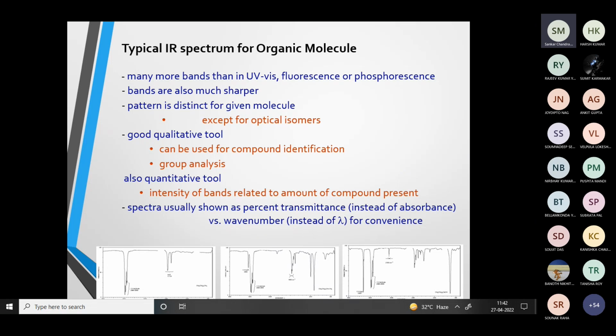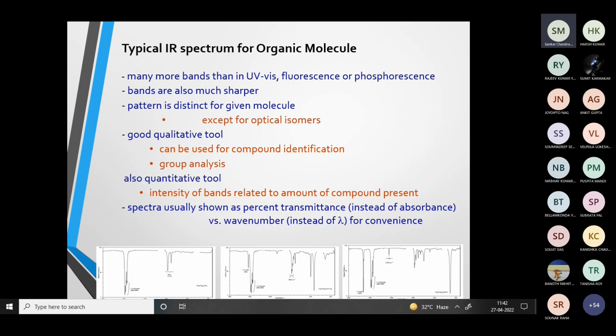All these things are written here, and these are the three spectra. It is not properly visible. Actually, cyclohexanol, cyclohexanone, and cyclohexane, how their spectra change, is shown here. If you enlarge this, it is not possible on my laptop in this position.